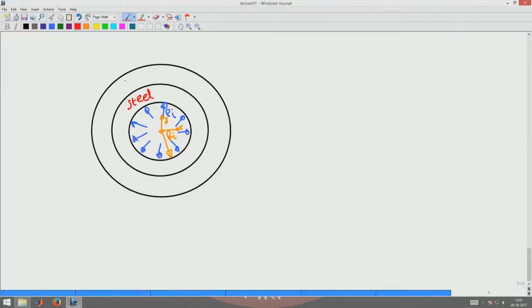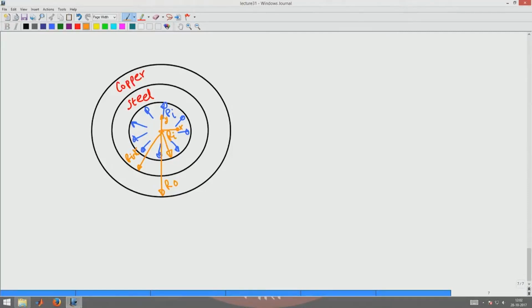Let us say the inner cylinder is made of steel and outer cylinder is made of copper, and there is an inside pressure applied to this composite, and let us assume that this is our interface, R interface, and this is R0.